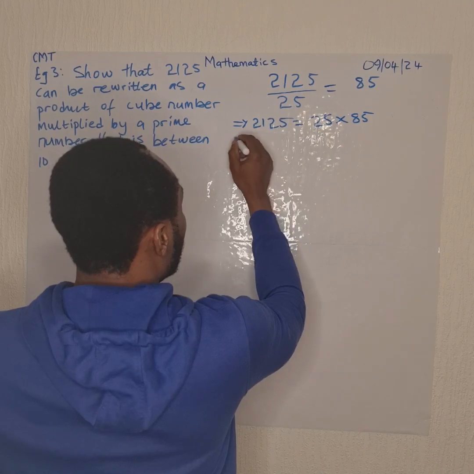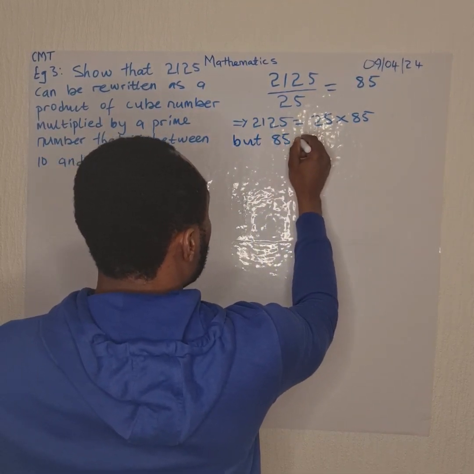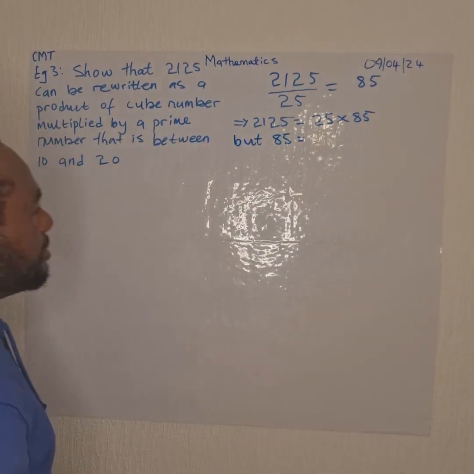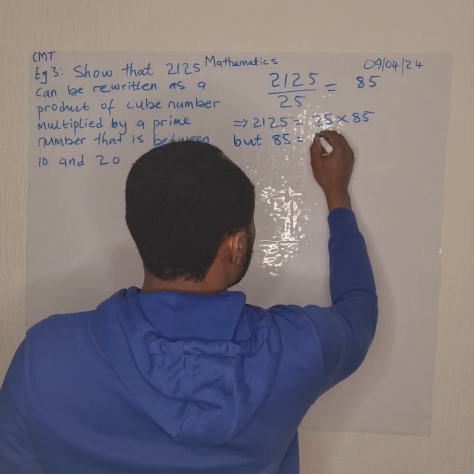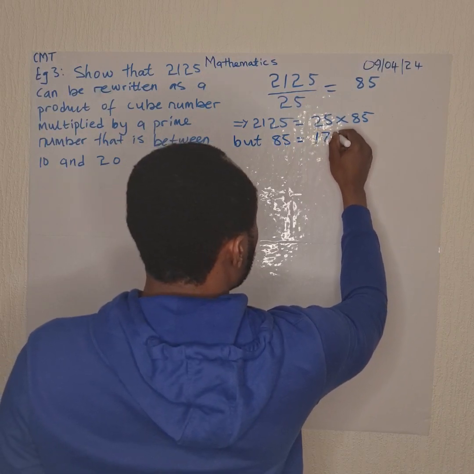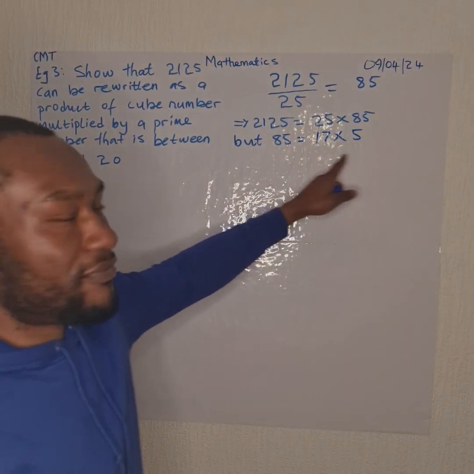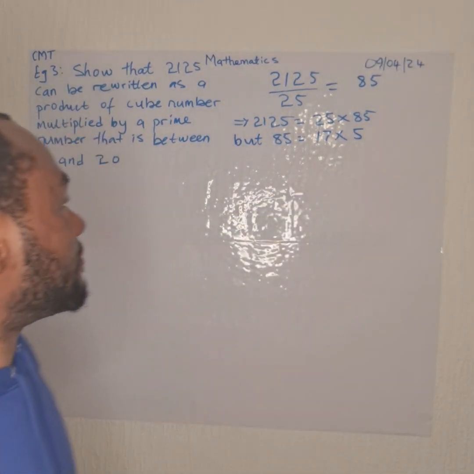But 85 is the same thing as 17 multiplied by 5. 17 multiplied by 5 is the same thing as 85.